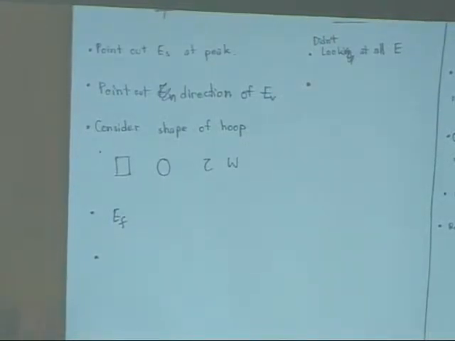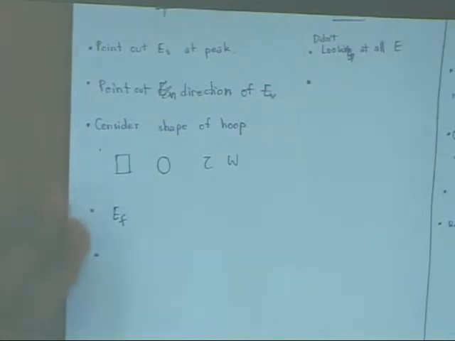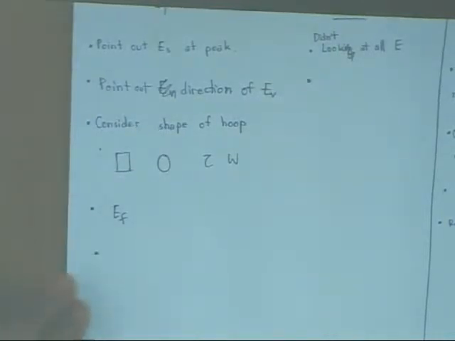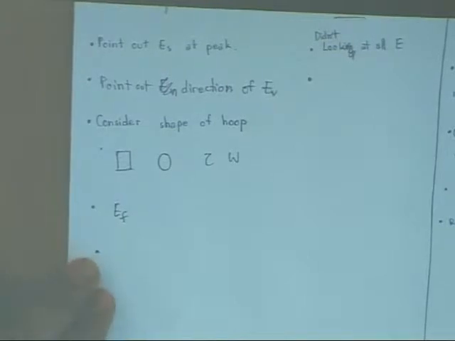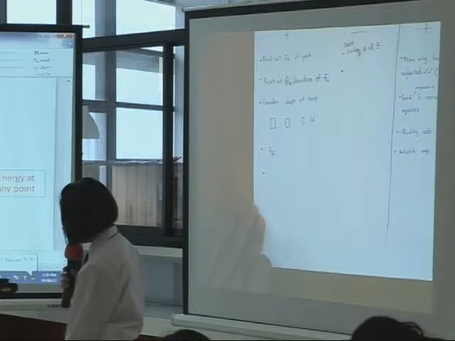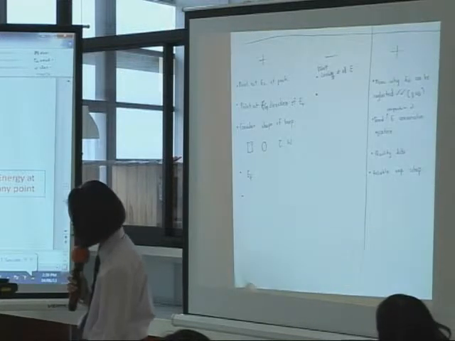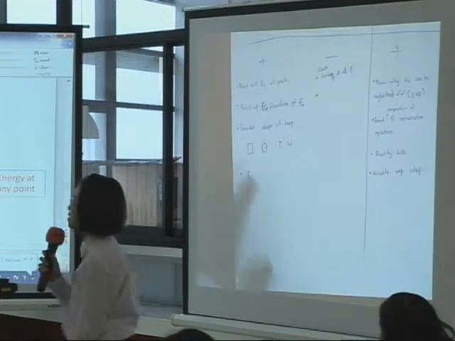You consider the shape of the hoops, whether it's thickness and width, and you mention the floor energy. Maybe what you lack is that you didn't look at all energy, and I think that's all.